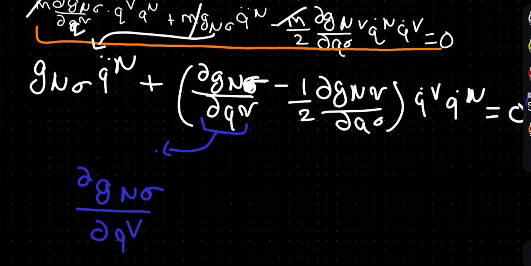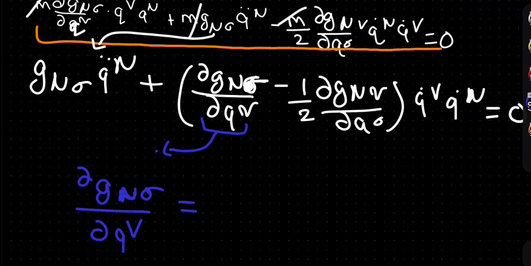This can also be written by changing the dummy indices, because it's valid in general relativity. You are free to relate and exchange these.